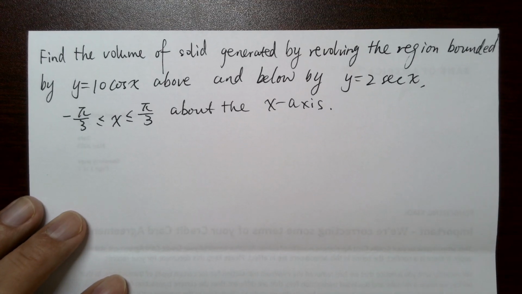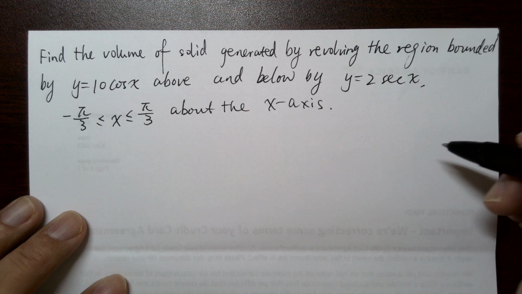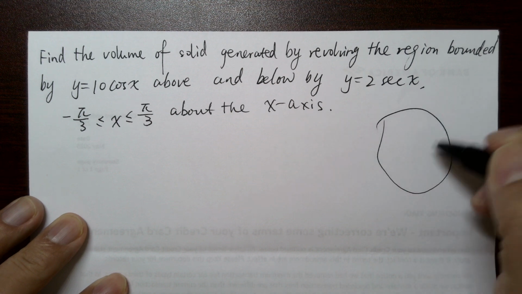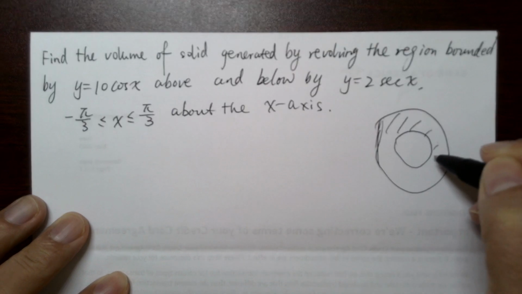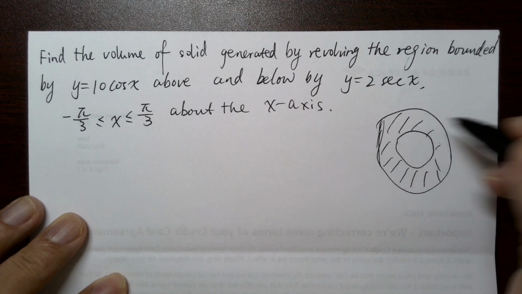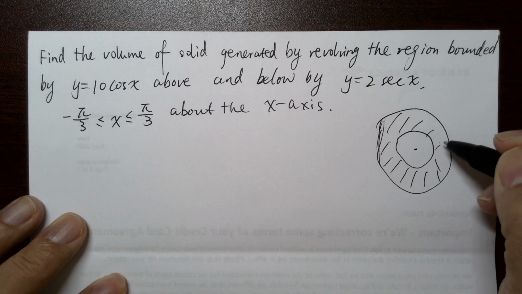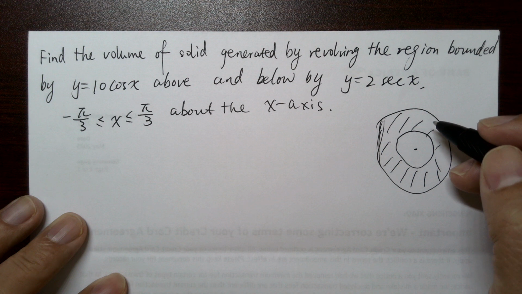Okay, so to do this problem, notice that we're going to use the washer method. So you find a larger radius, and then you find a smaller radius.